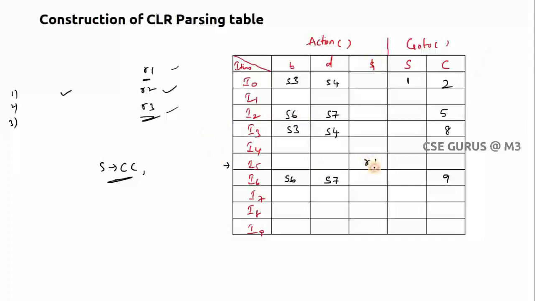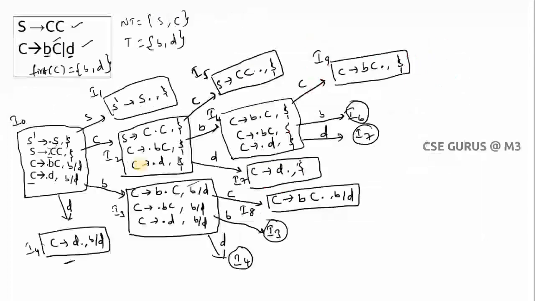So here only you have to write R1. That's it. There is no need of finding the follow. Here you directly check what the look ahead is for a particular production. That means where it is ending, S tends to CC dot, you check where that dollar is. And once again, you can check whether you find S tends to CC dot anywhere else. Nowhere.